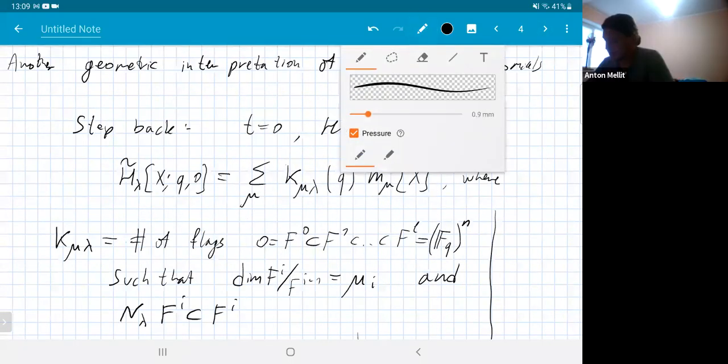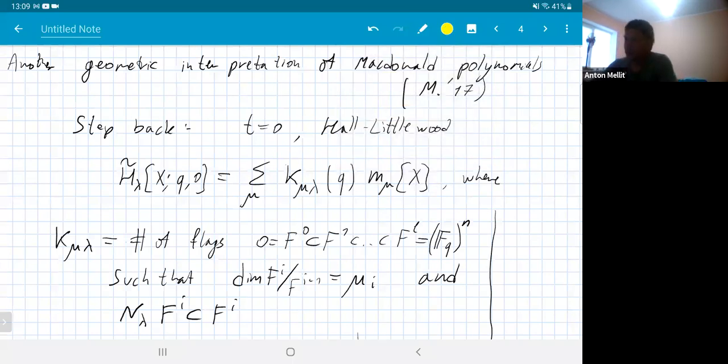So let's go further. The way I propose to compute these expressions, this Cauchy kernel with nabla, is to use the geometric interpretation of Macdonald polynomials.